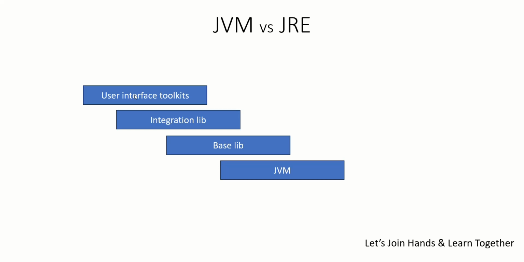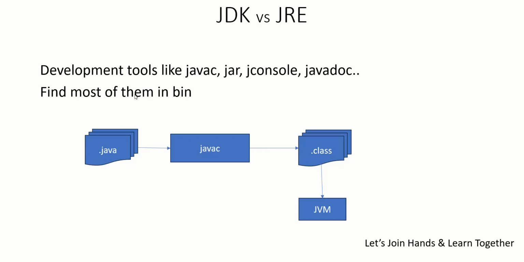Whenever you write a Java example, like Main.java, the javac command will give you a Main.class file. I already explained this in the previous slide. This Main.class file is generated by the javac command. And when you use the java command, it takes the class file as input and gives it to the JVM, and the JVM will execute it and give the output.